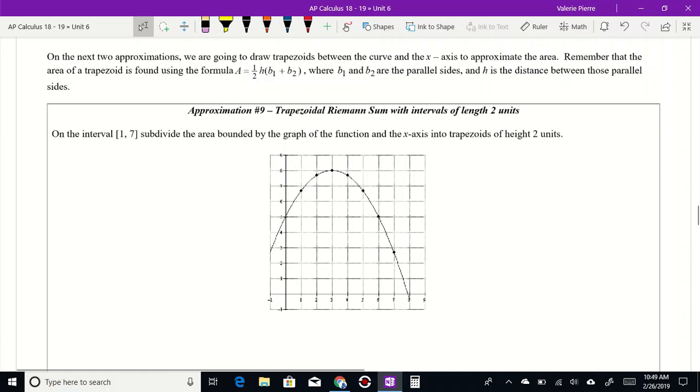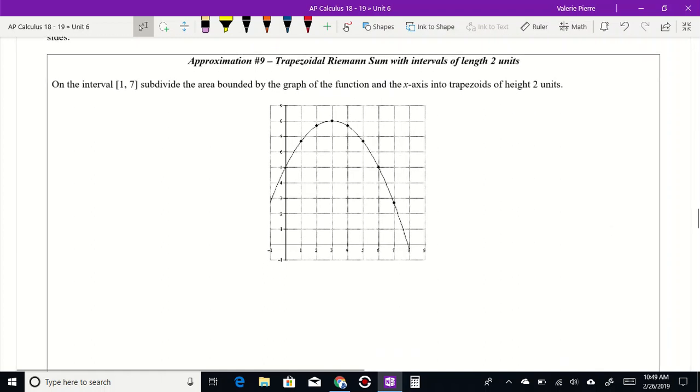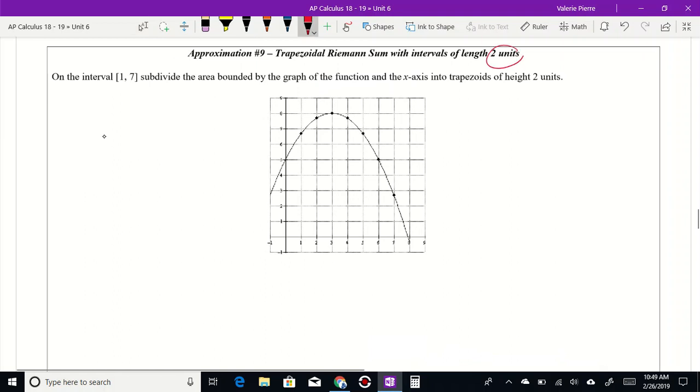So we're going to do a trapezoidal Riemann sum with the intervals of length 2 units. On the interval from 1 to 7, we're bounded by the graph of the function and the x-axis.